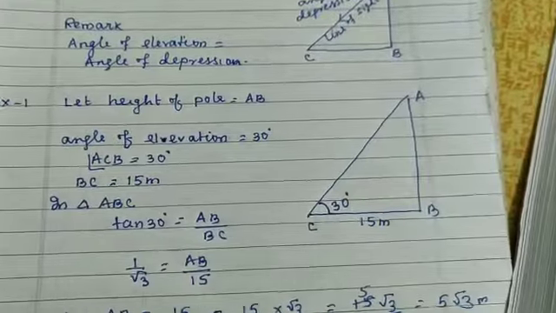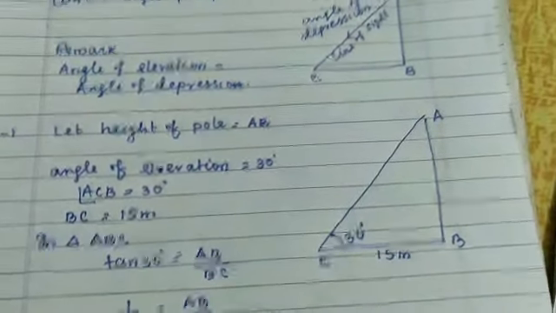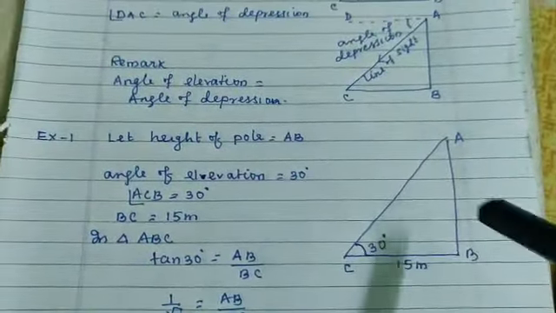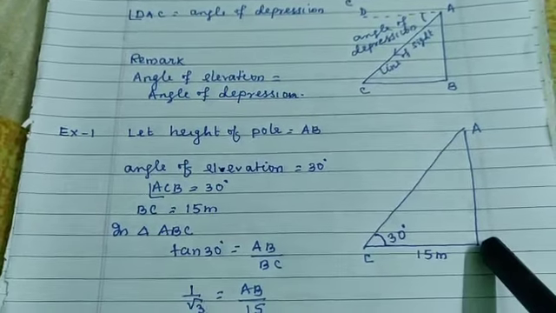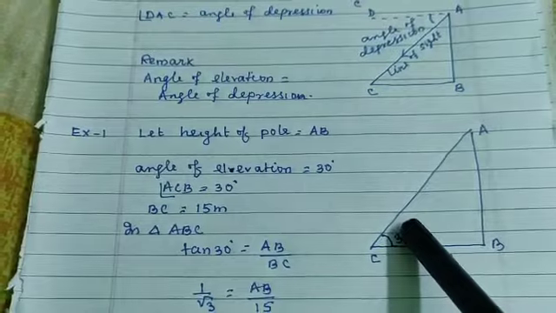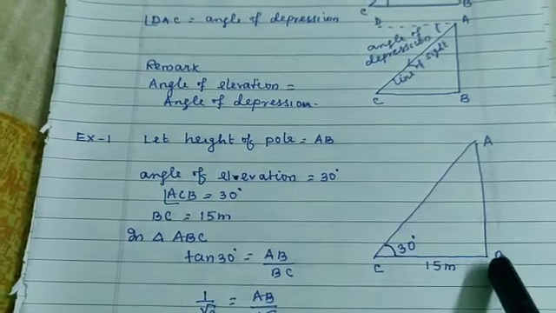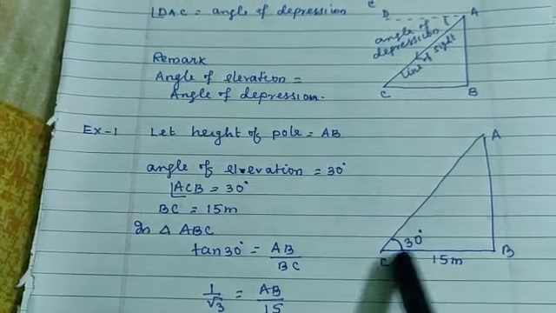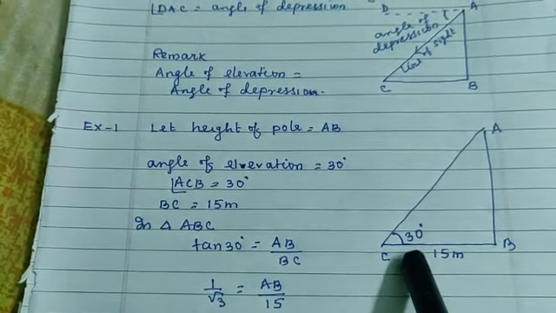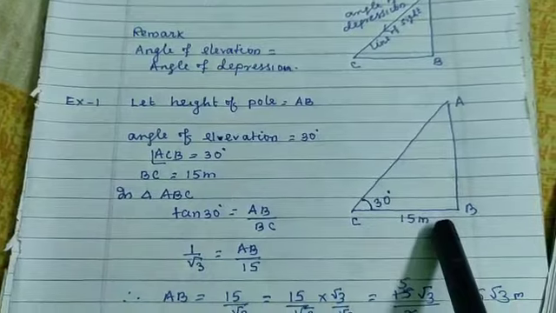Let the height of the pole be AB. The angle of elevation ACB is equal to 30 degrees, and the distance between the pole and the point where the person is standing, BC, is 15 meters.